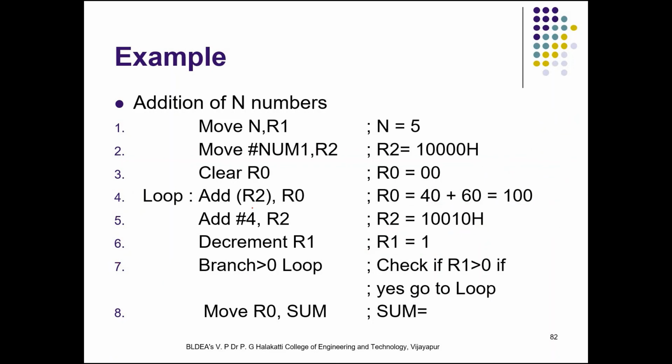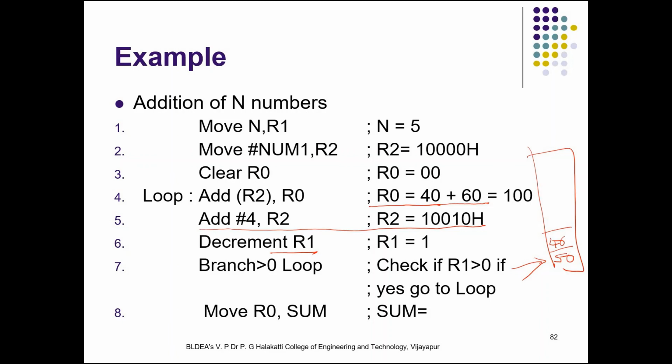Now see, this time R2 was pointing to the memory location where 40 was stored. Now 40 will be added to 60. Again the same set of operations happen. Now increment R2 by 4. Now R2 will point to the next location, that is 50. After 40, 50 will come. And again we are going to decrement R1.